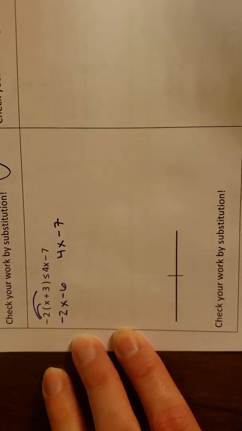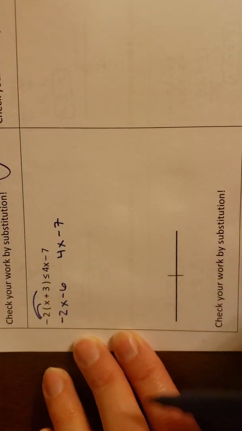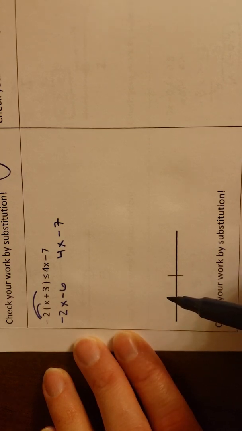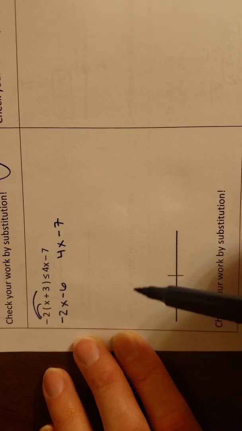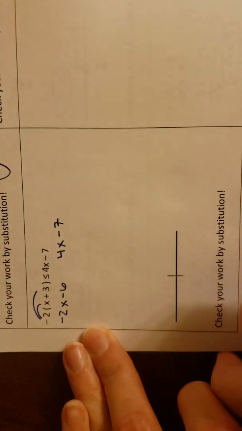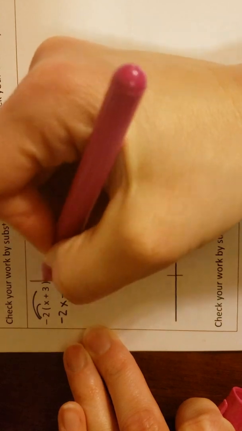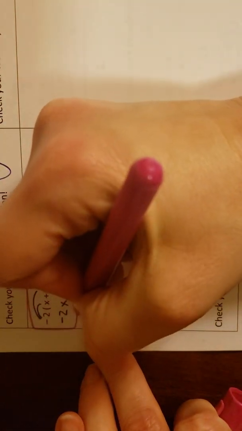So my question to you is this. I multiplied by a negative 2. Does that change the direction of the sign? Because I multiplied by a negative. Okay, it does not change the direction of the sign. These two are equivalent. They have the same value.